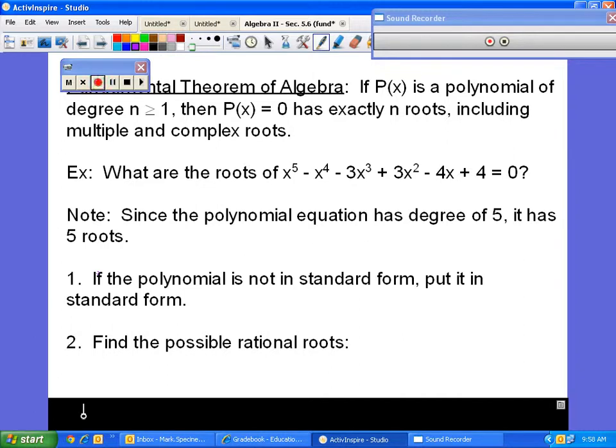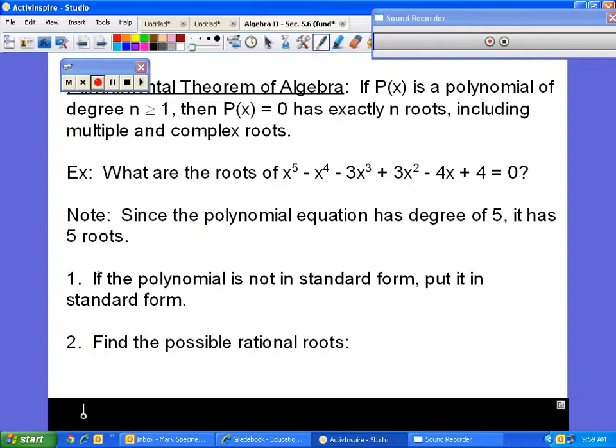Our possible rational roots are always going to be positives and negatives. How do we find the possible rational roots? What's our little fraction? The factors of the constant over the factors of the leading coefficient. And since the leading coefficient is 1, what does that tell us? They're the same. Good.